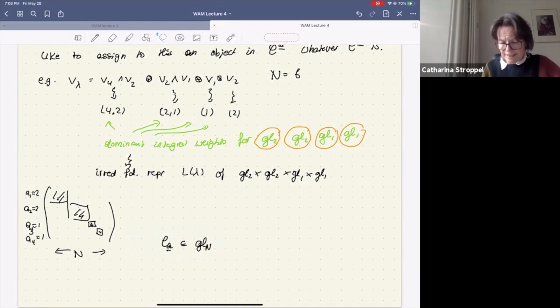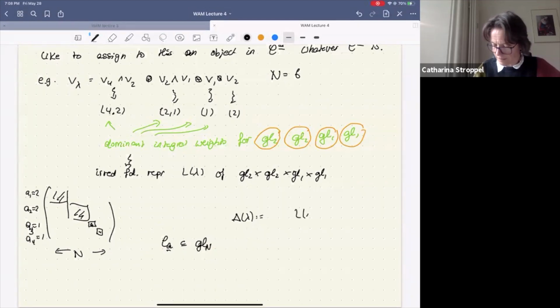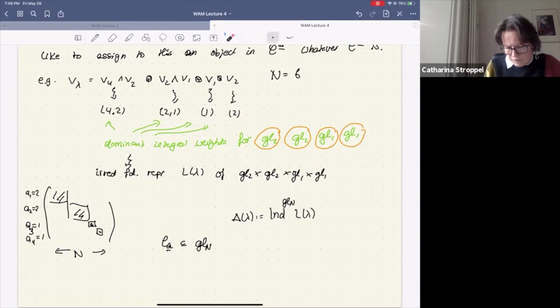Okay, now I can take this representation and induce it up to the whole GLN. So I do exactly induction like Monica did for the symmetric group. But I have to take it for this L of A, for these block matrices, and first extend it by 0 to this part.